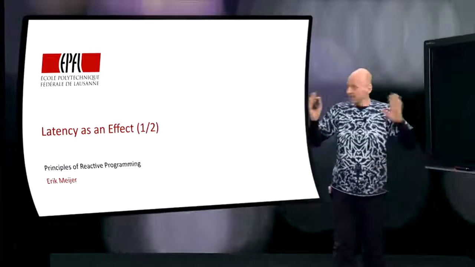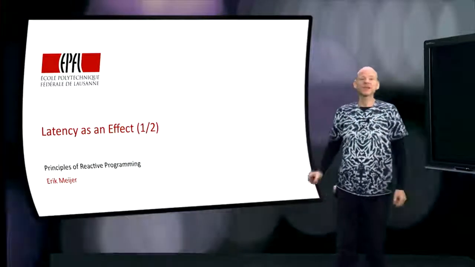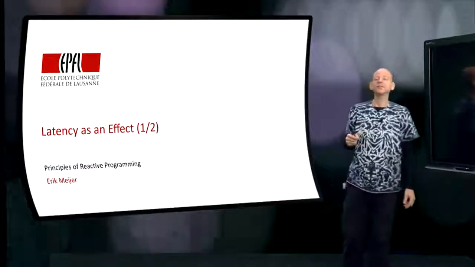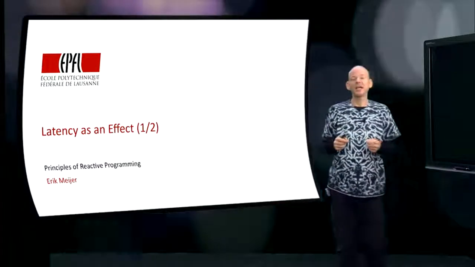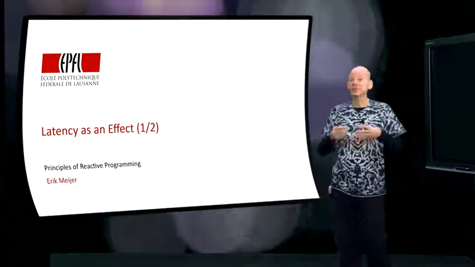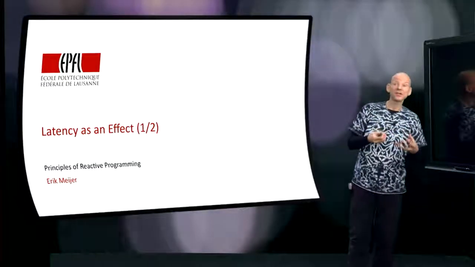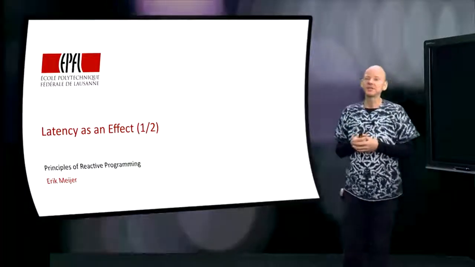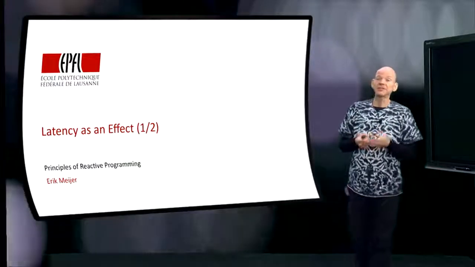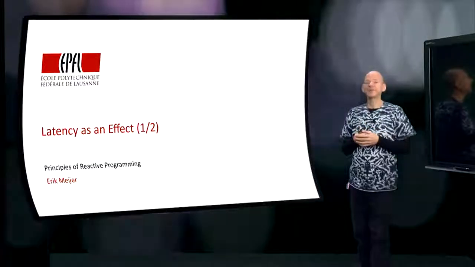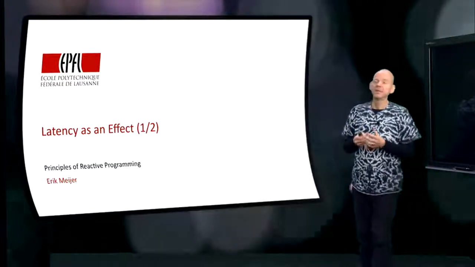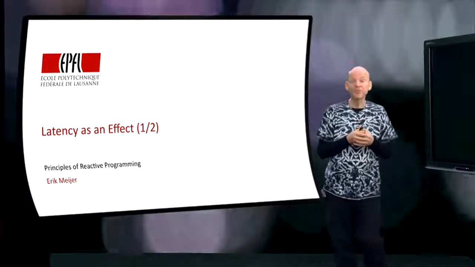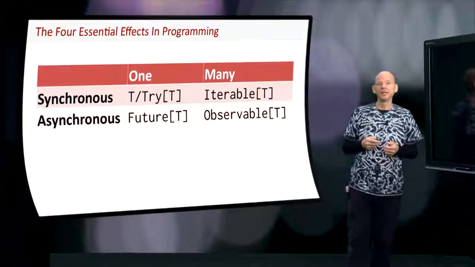Hey, welcome back. We're now going to look at our next effect, and that's latency. Remember that in the previous lessons, we looked at exceptions as an effect. So we wanted to enhance our types to reflect the fact that a computation could fail. But there's another effect that we want to make visible, namely the fact that a computation can take time.